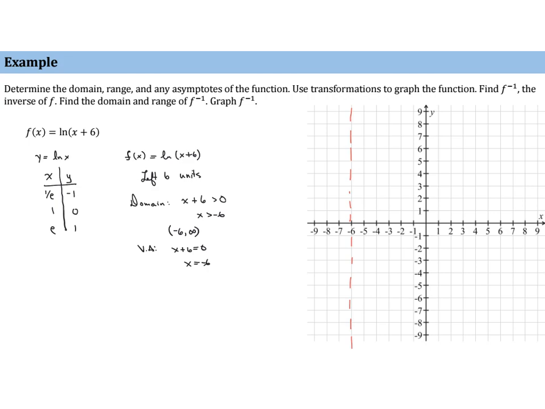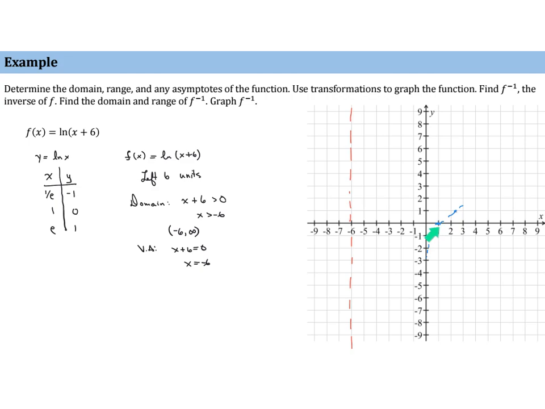And we will find our function to be to the right of that because x has to be bigger than -6. Our key points, 1 over e, comma -1; 1, 0; and e, comma 1, yield this function, but we're shifting that all to the left 6 units.